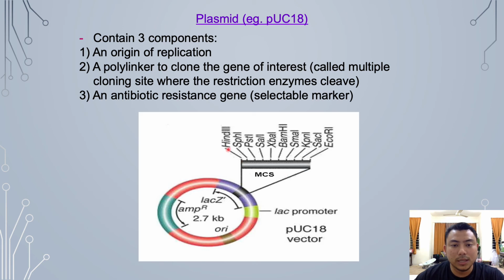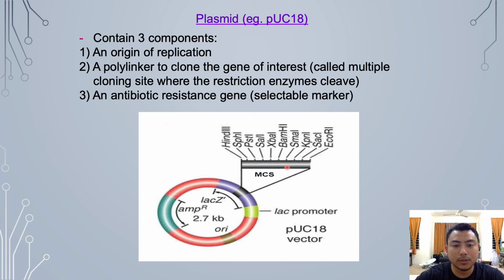Okay, we see there's a list of names here, so I'm going to pick the ones that you are familiar with and need to learn. Here, EcoRI. What is meant by this label is that EcoRI will exactly make its cut here. Whereas SmaI will exactly make its cut here.